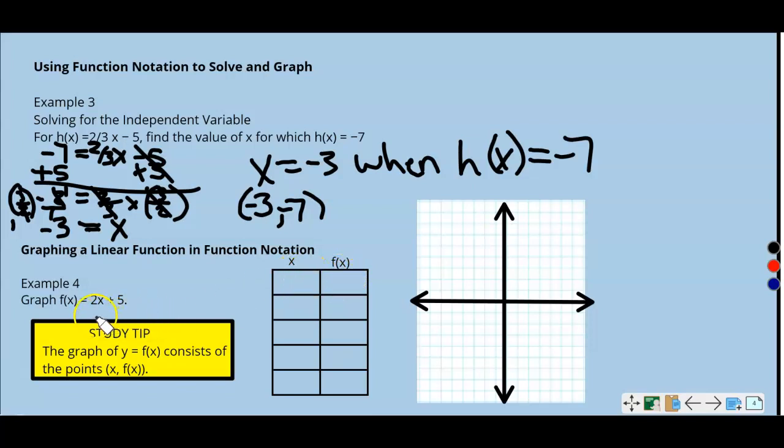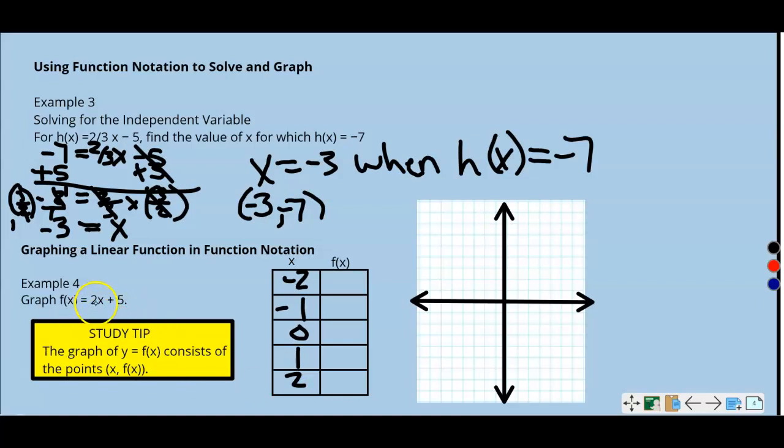In order to graph a linear function, first you have to pick values of x. Remember, x is our independent variable, so we can choose any x's we want. To be consistent, we normally consider a couple negatives, 0, and a couple positives. This gives us a good idea of what the graph is going to look like.